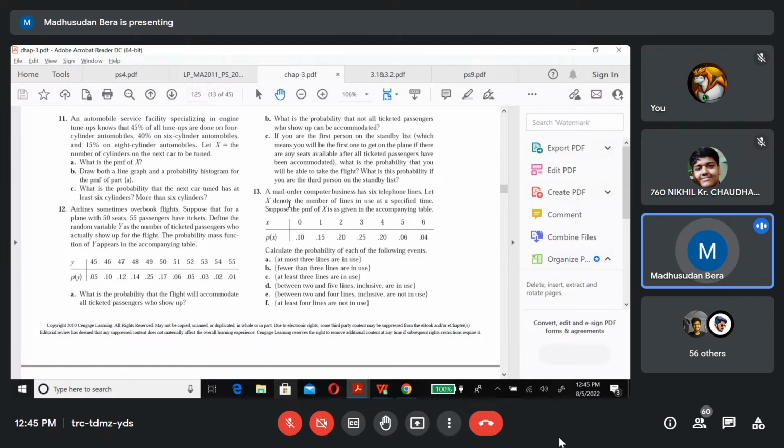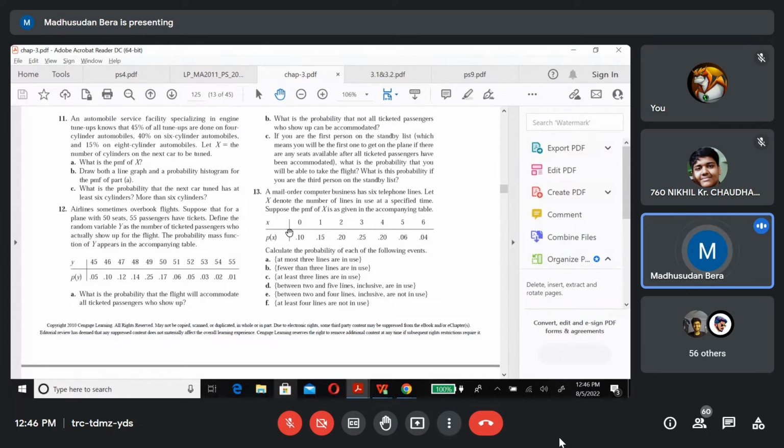So what are the X values? Either no lines are in use, or 1 or 2 or 3, that way up to 6. So X takes the values 0, 1, 2, 3, 4, 5, 6. Now corresponding probabilities are given.